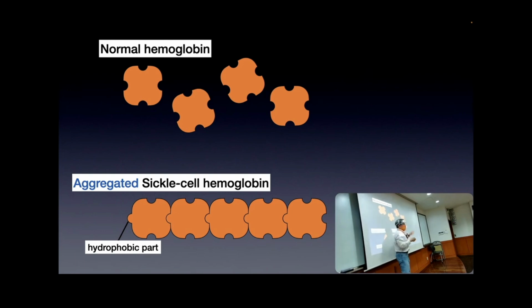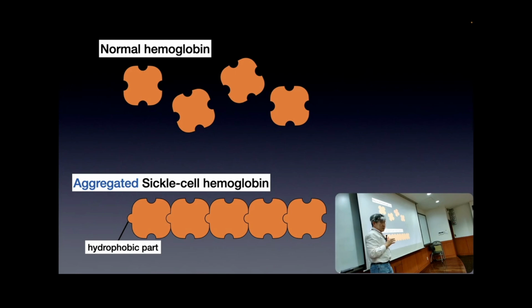Normal hemoglobin will individually perform its function solo. But when you have this long, huge pile, then this protein will settle at the bottom of your cell, not being able to do any function. And those sickle red blood cells are a result of this accumulated, malfunctioning, aggregated hemoglobin protein.